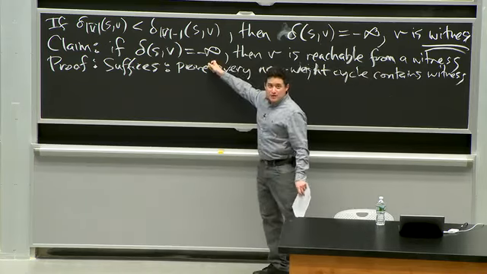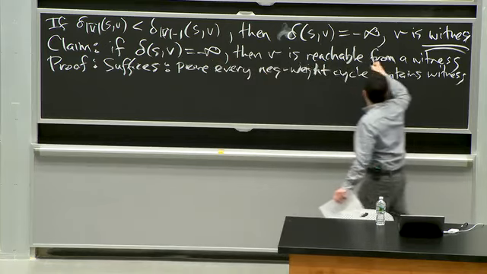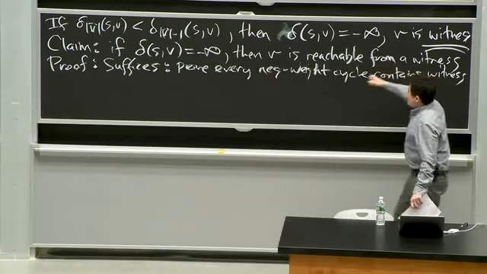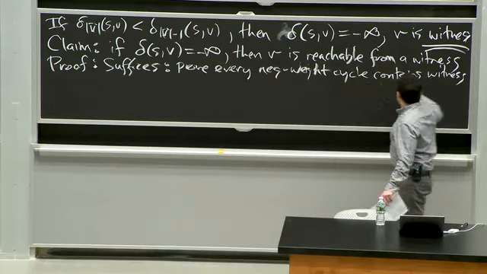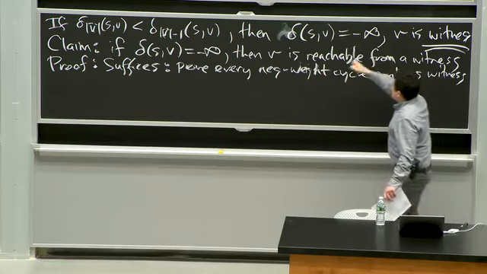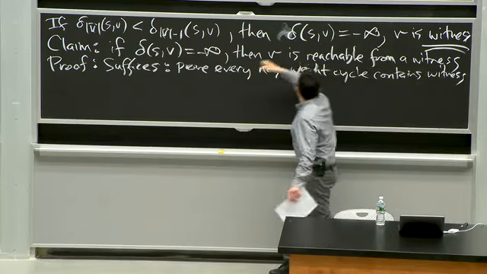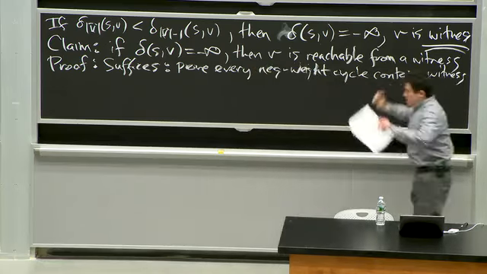This thing has to be reachable from a negative weight cycle. And so if we prove negative weight cycles contain witnesses, then all of these vertices are reachable from a witness. Okay, great. Confusing myself there for a second.